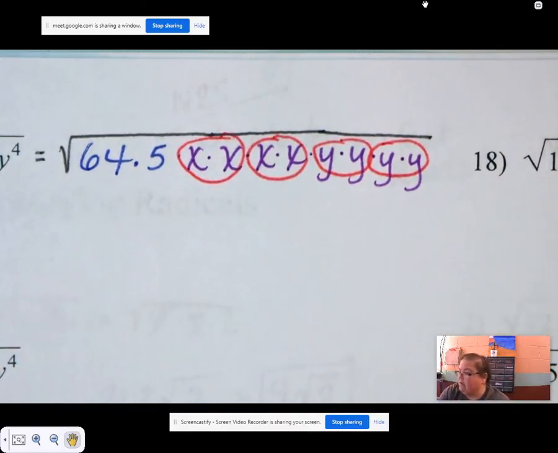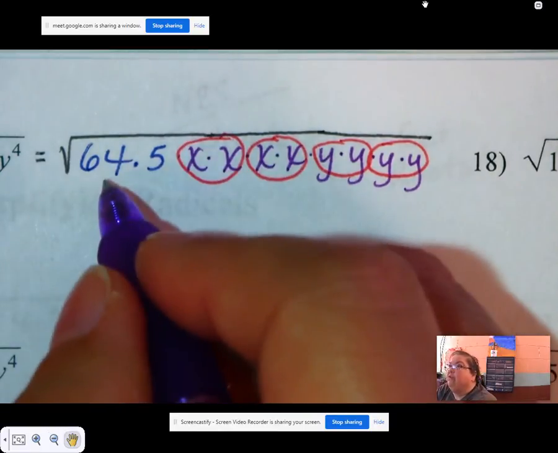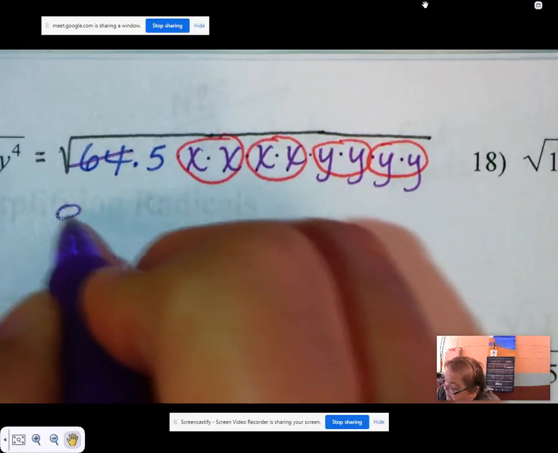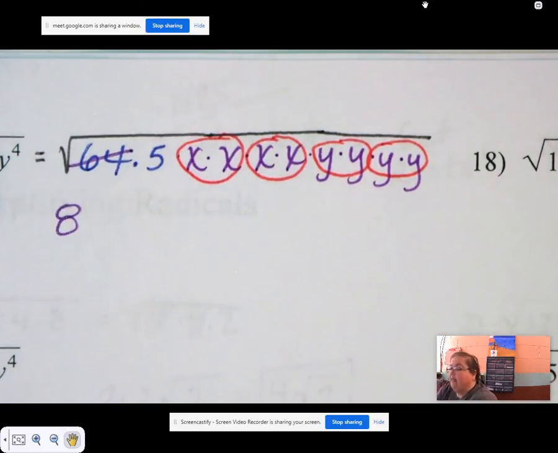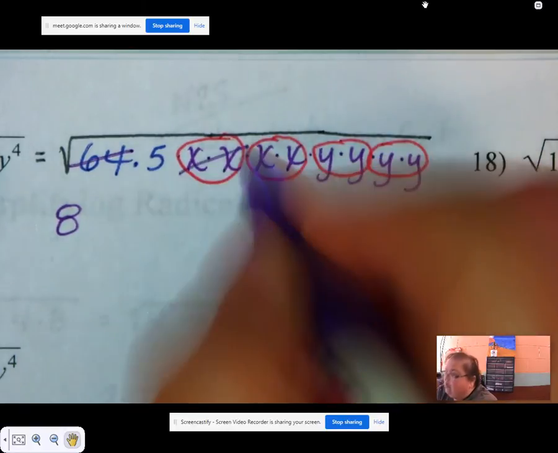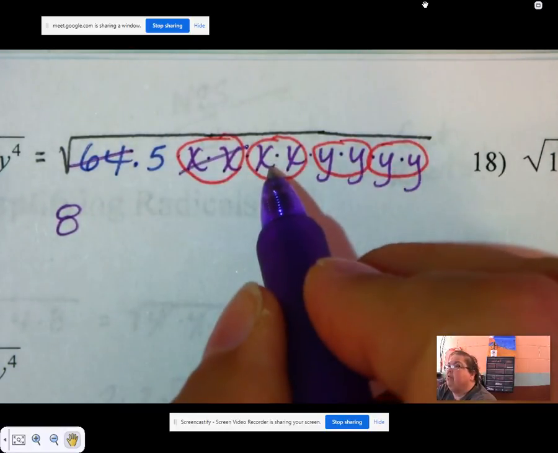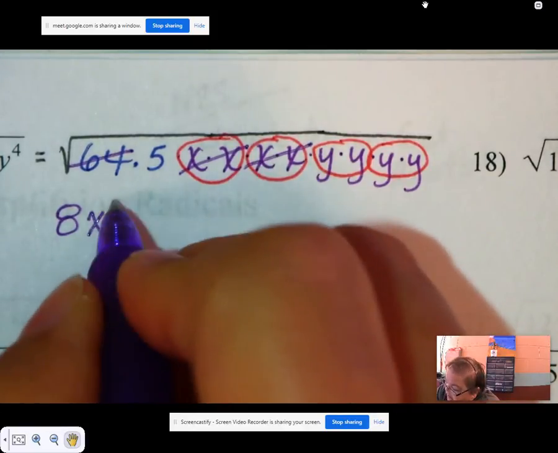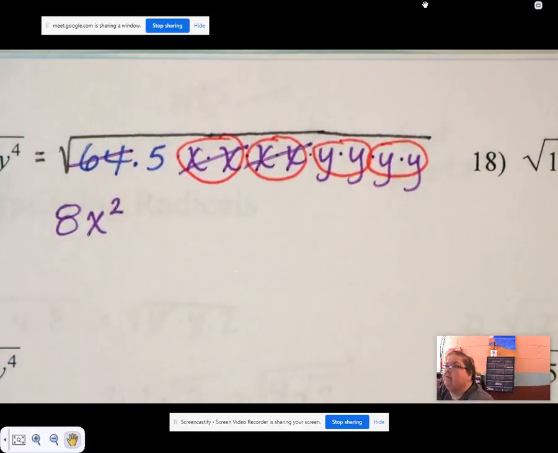Okay? So what I wind up with, what is the root of 64? 8. Okay, gotcha. Here is a group of x's. That's 1. And I have another group of x's. That's 2. 2 x's are placed outside the radical.